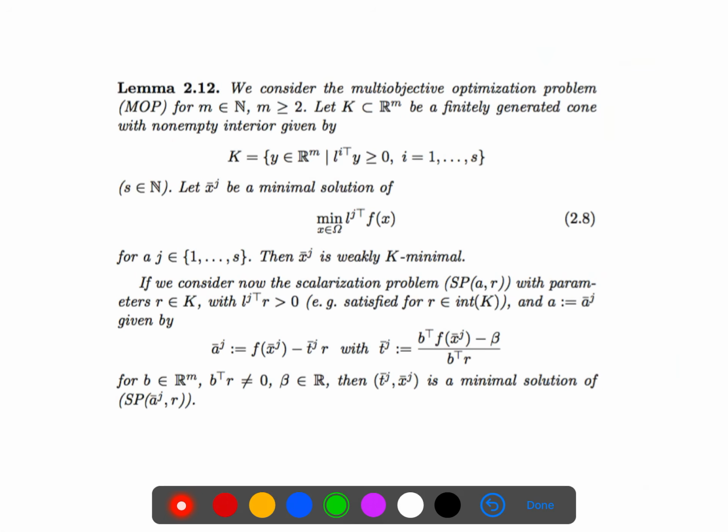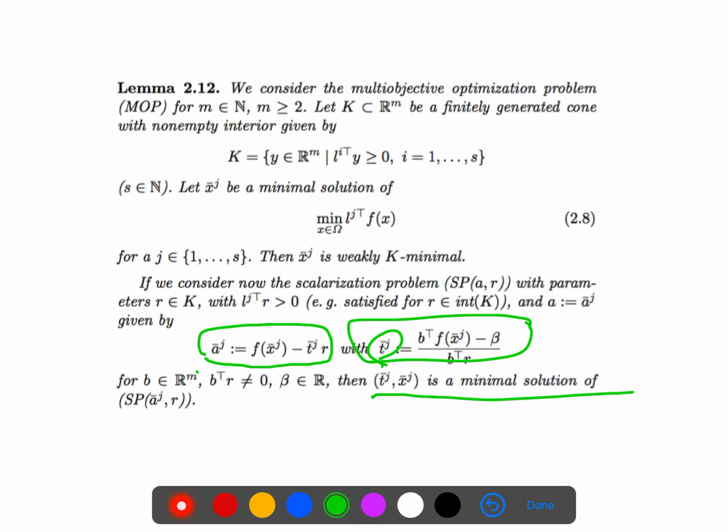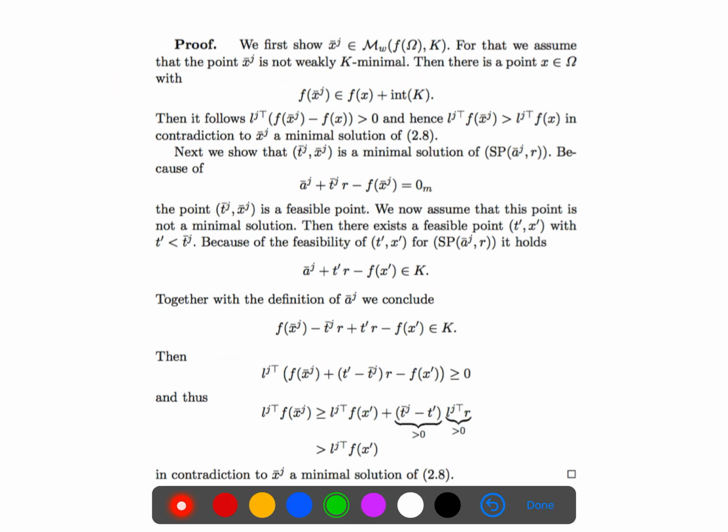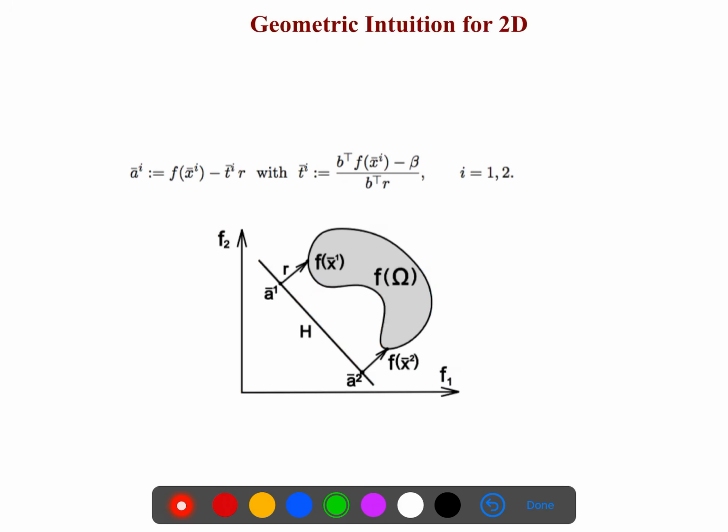And we have a lemma that shows you just need to care about the points A bar and T bar. If you define A bar and T bar like this, then T bar and X bar is a minimal solution. And the proof is very simple.